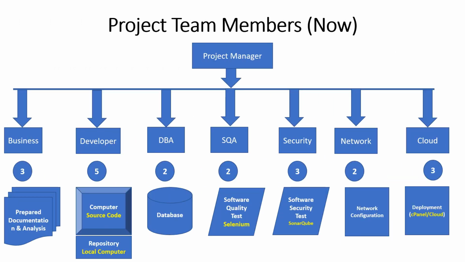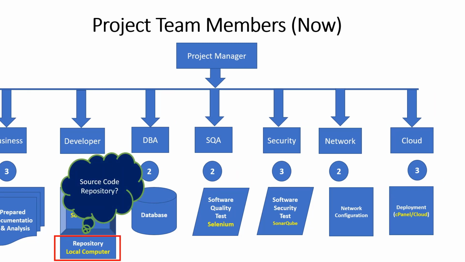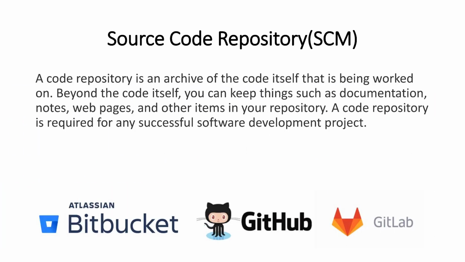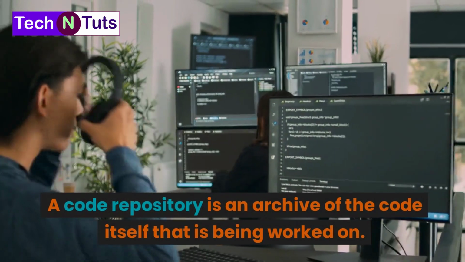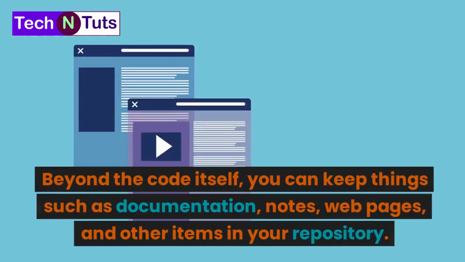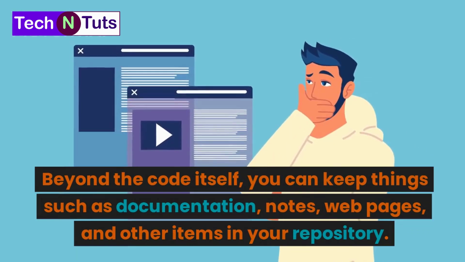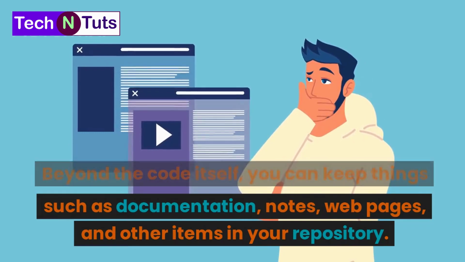After completing the developer work using a version control system, where do they host their source code? They can use a source code repository, SCM, system to host it. A code repository is an archive of the code itself that is being worked on. Beyond the code itself, you can keep things such as documentation, notes, web pages, and other items in your repository.